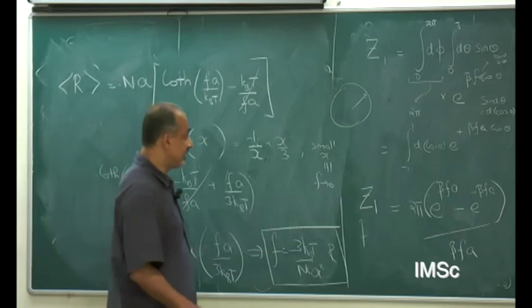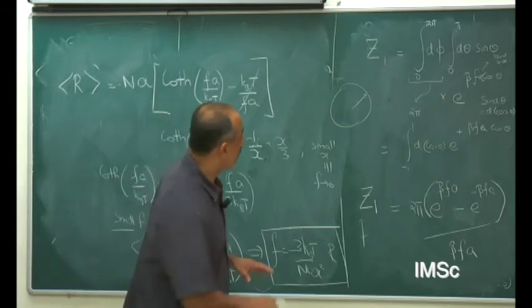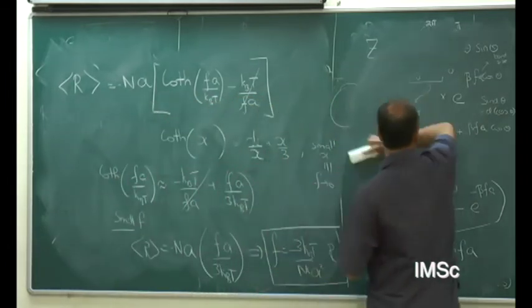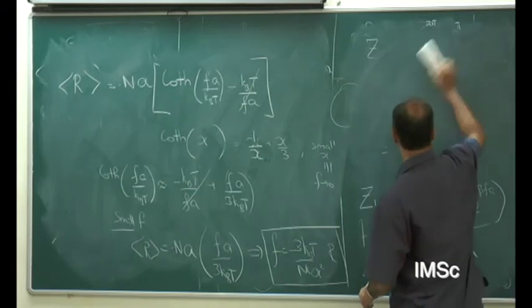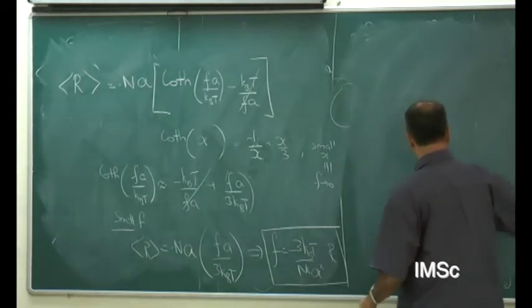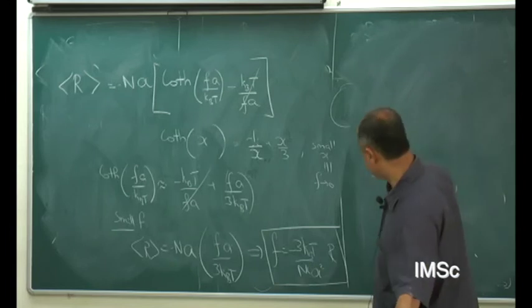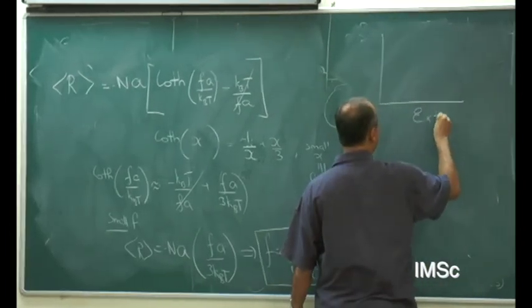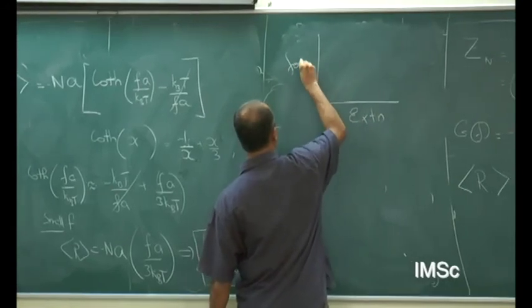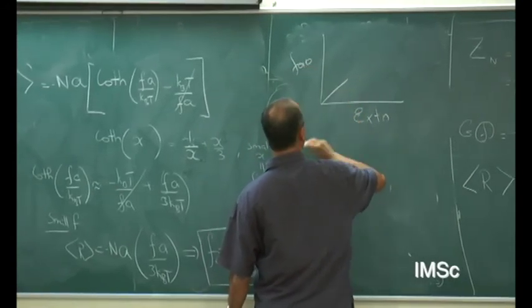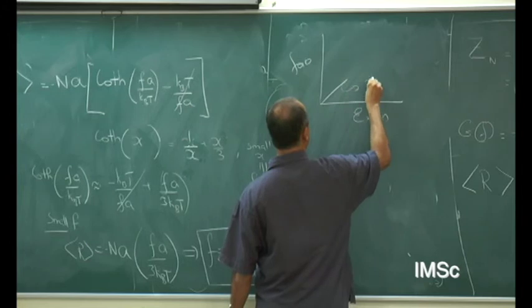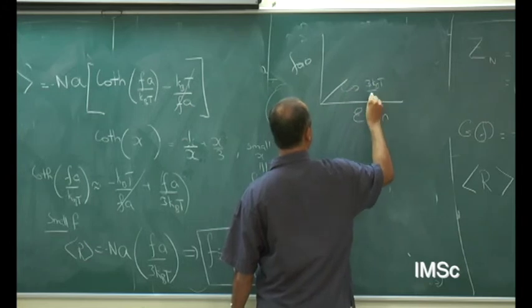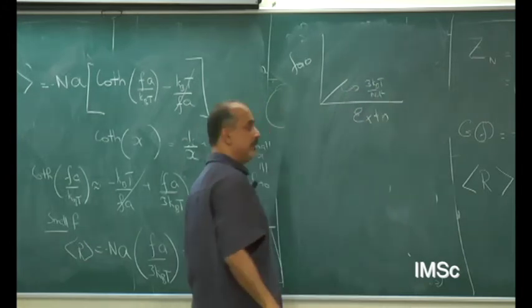So that is the same as saying that if I plot the force versus extension curve for a polymer, for small forces, I will always have the 3 kBT divided by N L squared behavior.